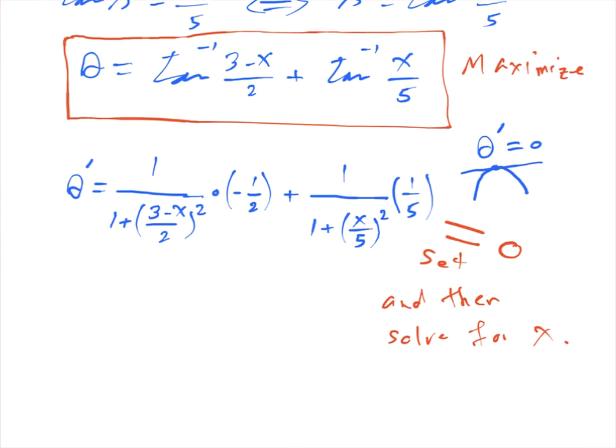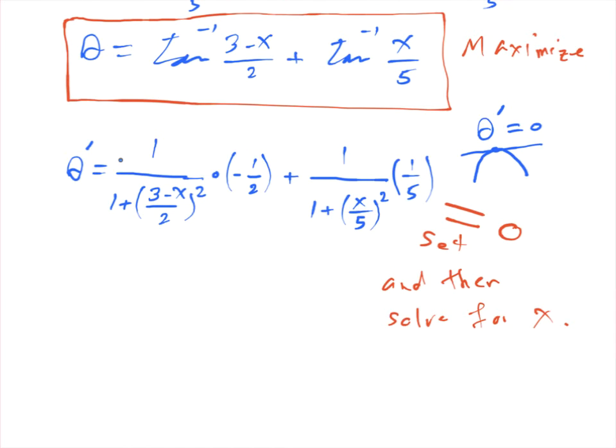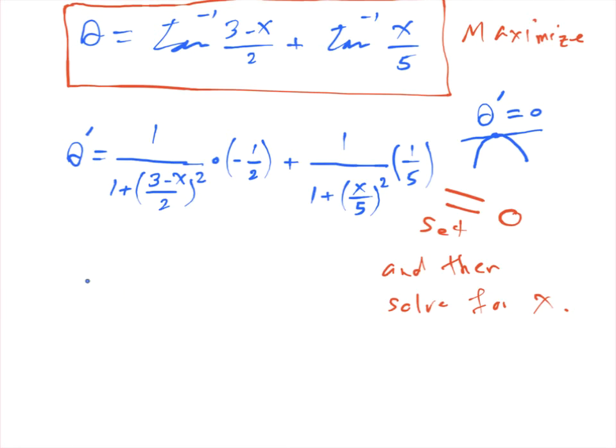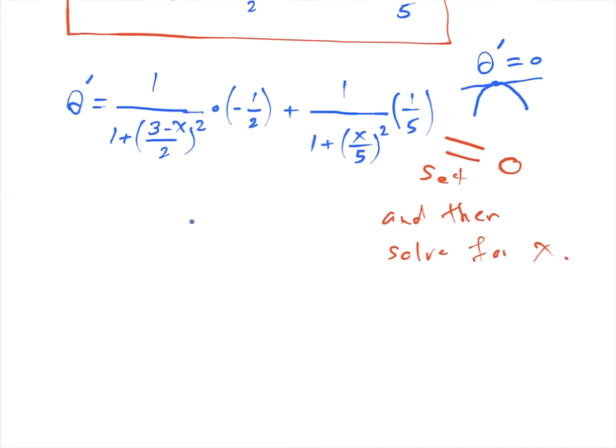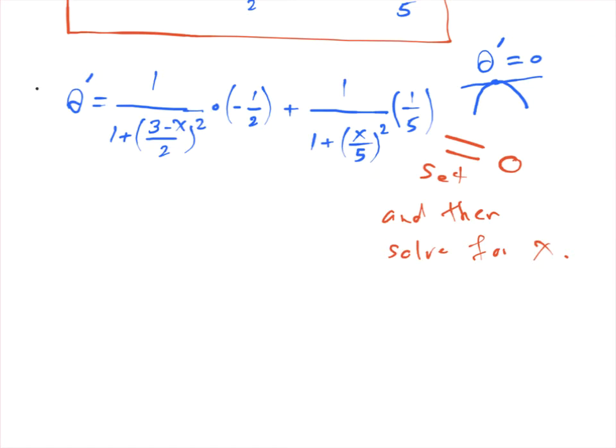So let's simplify this. I don't need to repeat theta prime. I just work with that expression on the left side of the equation, and the right side is 0. All right.